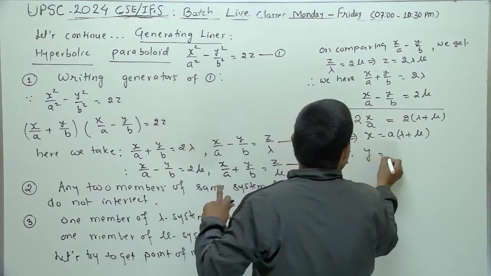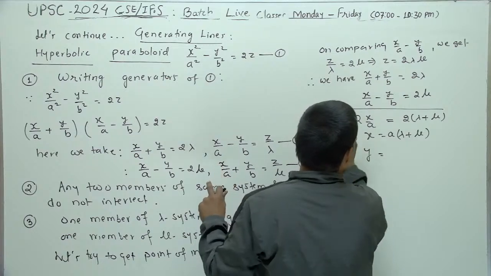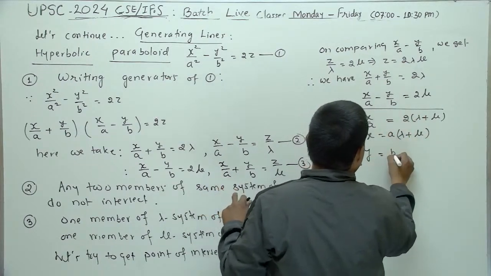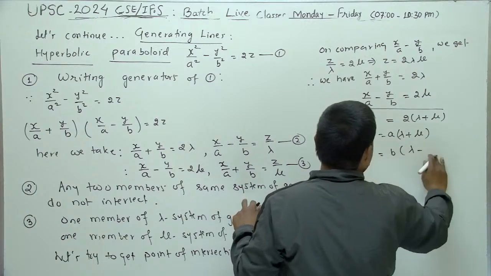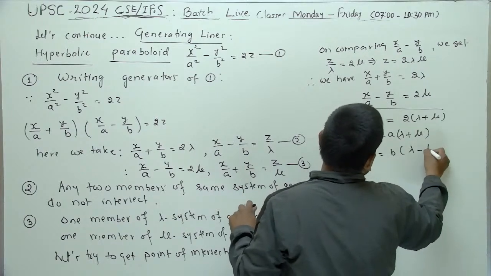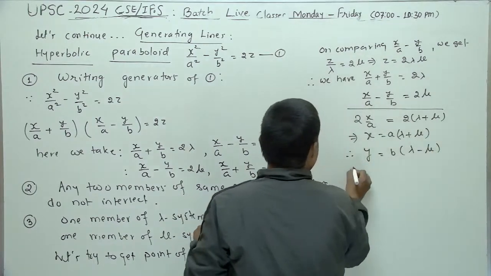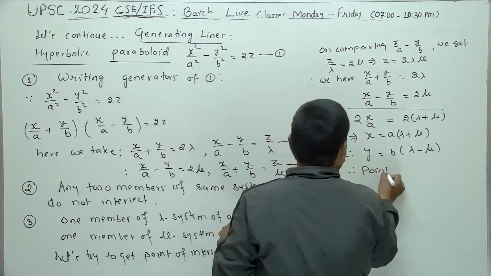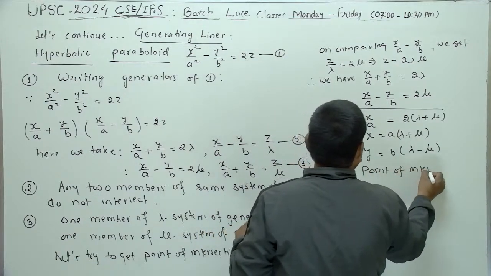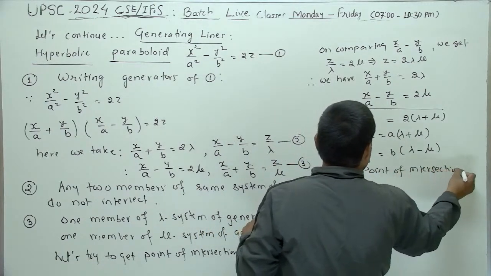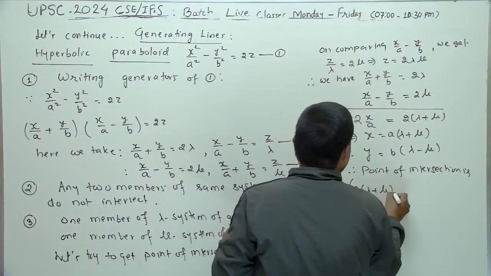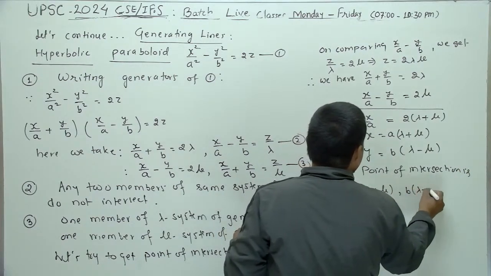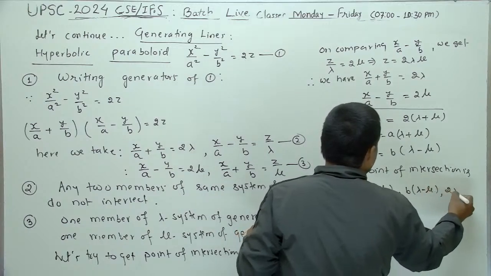And for y, lambda gets cancelled, so y equals b into lambda minus mu. Check it out please. So the point of intersection is a into lambda plus mu, comma b into lambda minus mu.